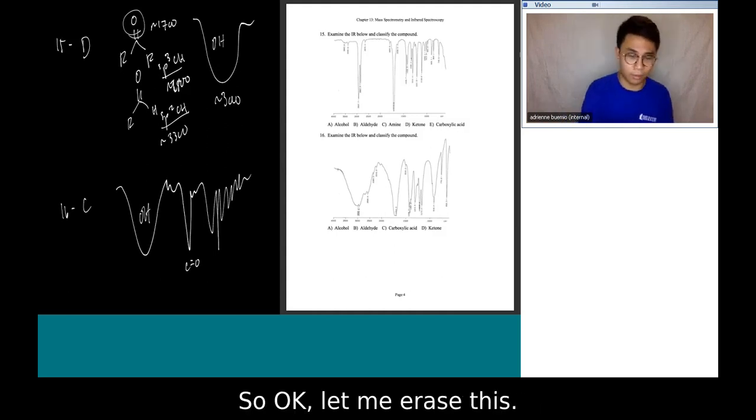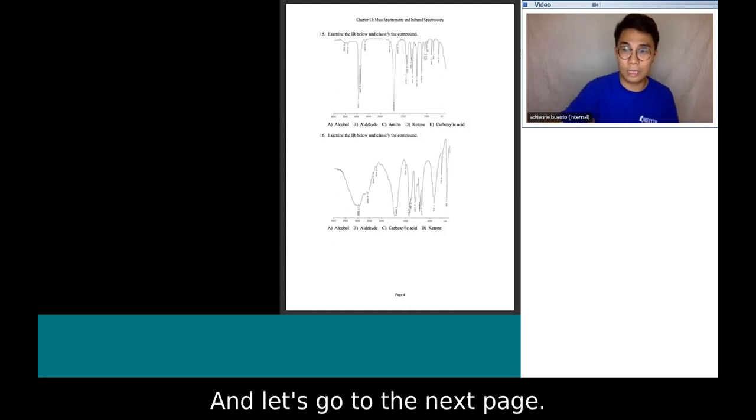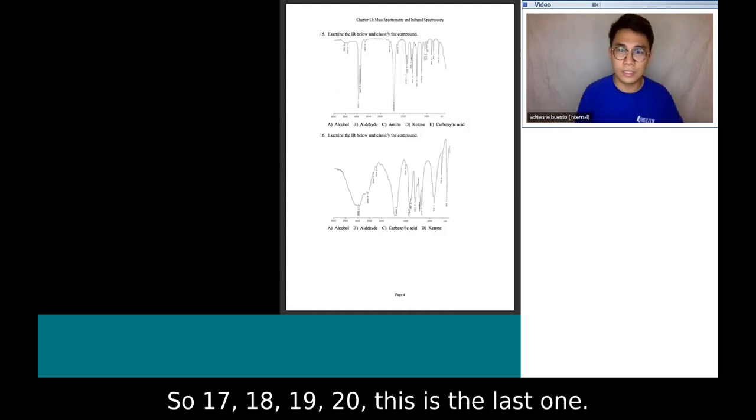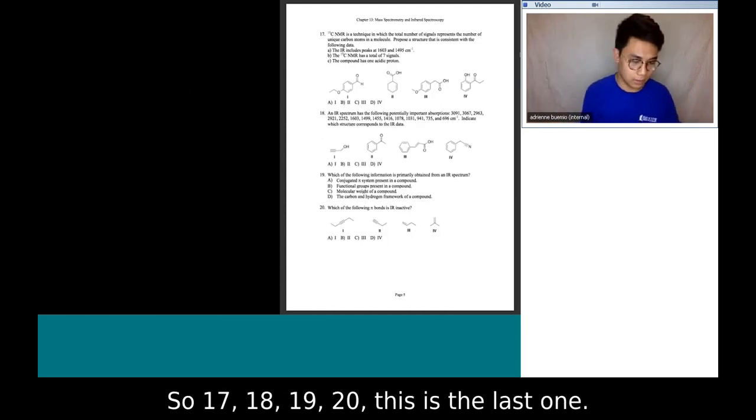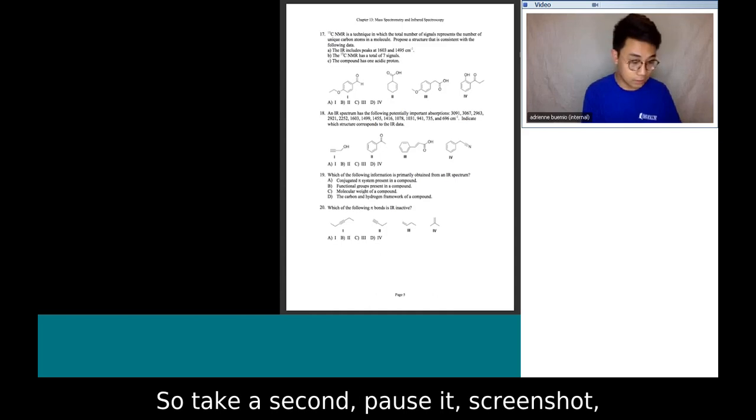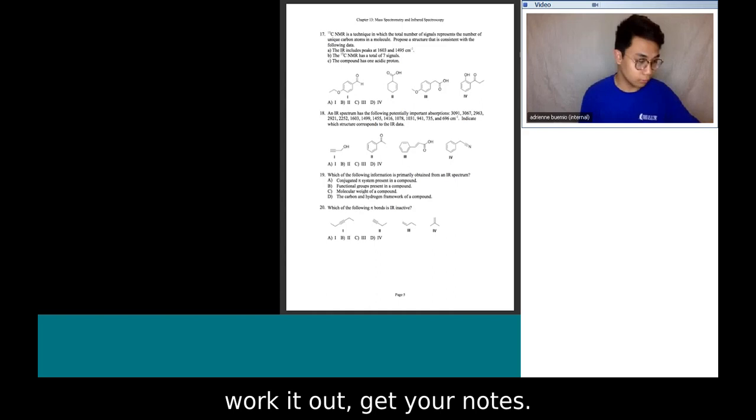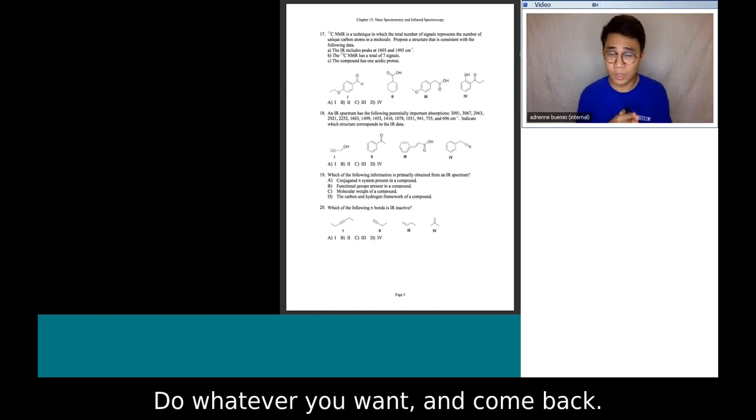So okay, let me erase this and let's go to the next page. So 17, 18, 19, 20. Oh, this is the last one. So take a second, pause it, screenshot, work it out, get your notes, do whatever you want, and come back.